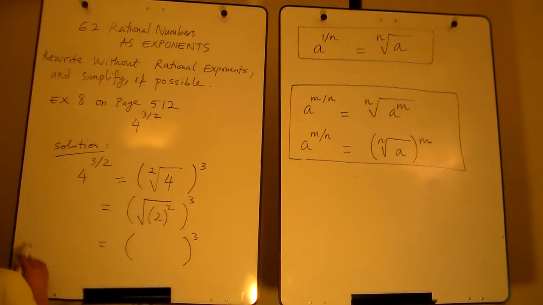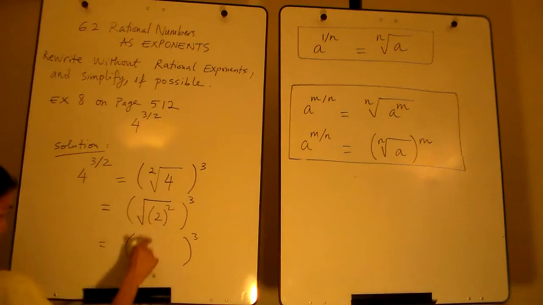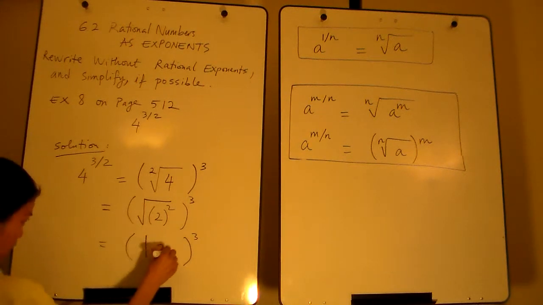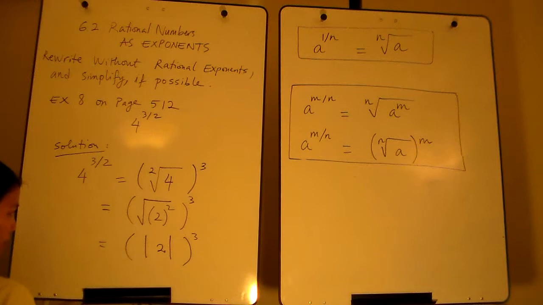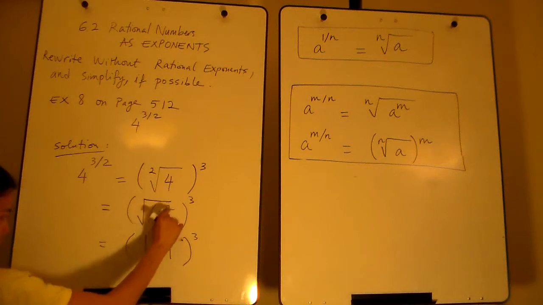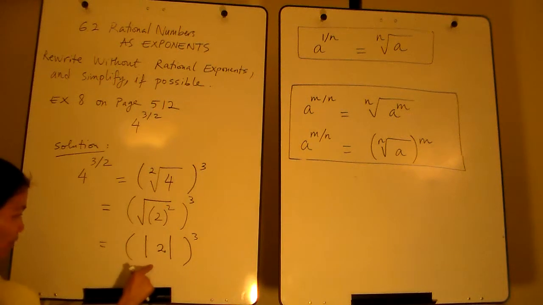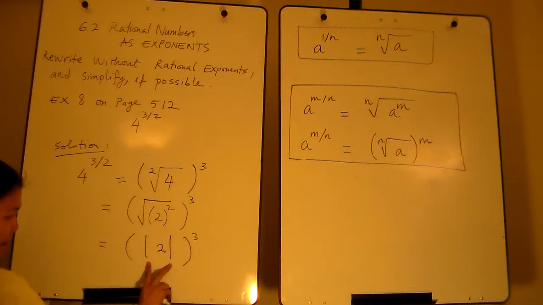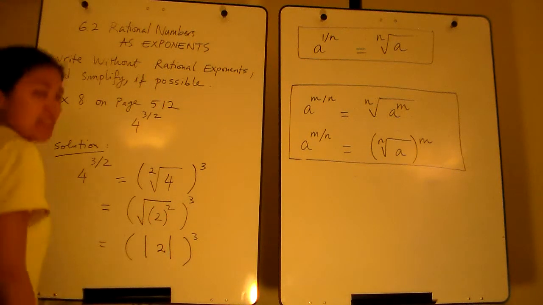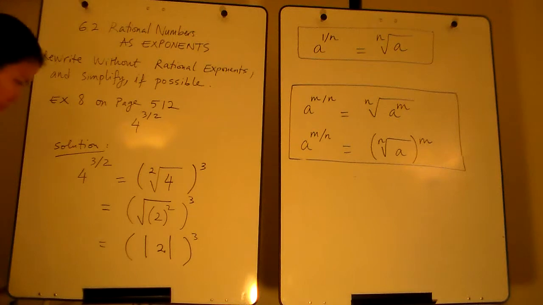Inside, this is a square root of 2 raised to the 2nd power, so it simplifies to the absolute value of 2. This is the 2nd root, which is why you can simplify this to the absolute value of 2. The reason you use the absolute value is that this is an even root, because k is 2 and it's even. You must use the absolute value.